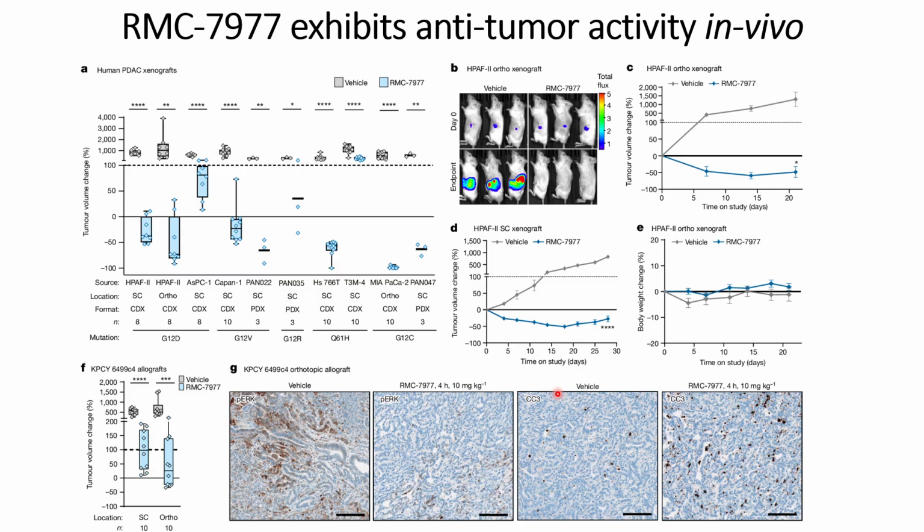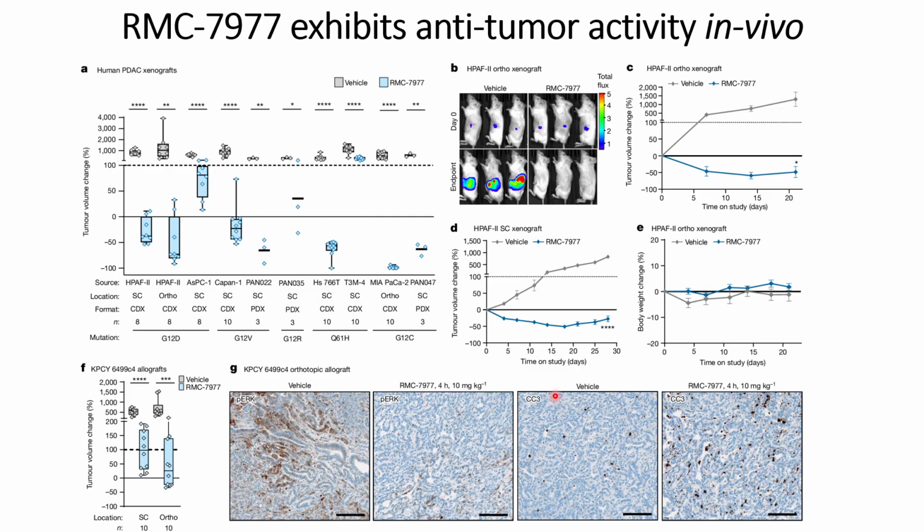and simultaneously they see the increase in the apoptosis, and the apoptosis indicator they have used is this CC3, the cleaved caspase 3, which is the protein that is produced when there is apoptosis in the cells.